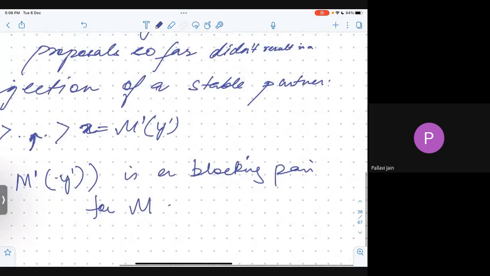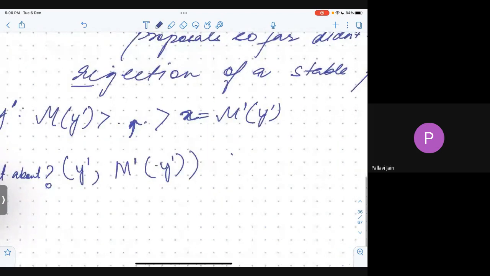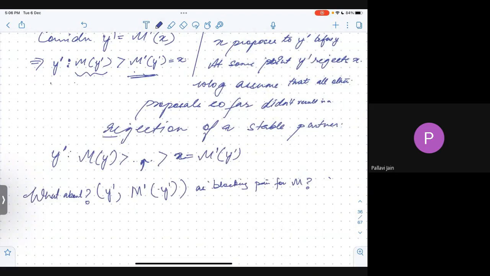What about this one? Is it clear which edge I'm referring to here?